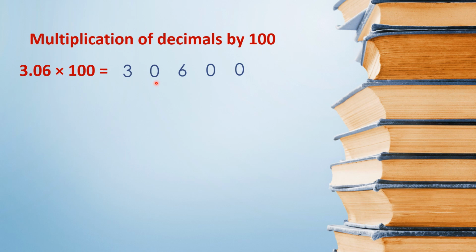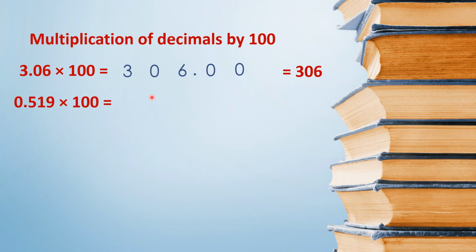It means it is 30,600. Now we need to put the decimal because it is a decimal number. How many places? Count 1 and 2. There are 2 decimal places. It means we will put the decimal after 2 digits from the right. Here, 306.00. Now it is equal to 306.